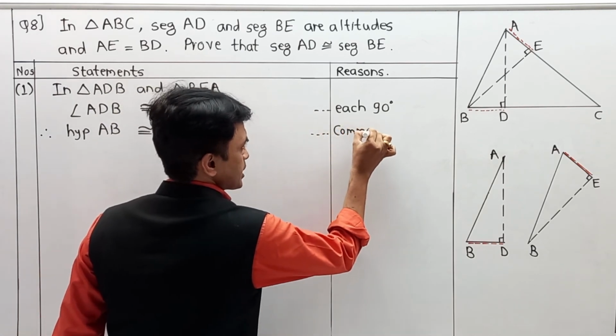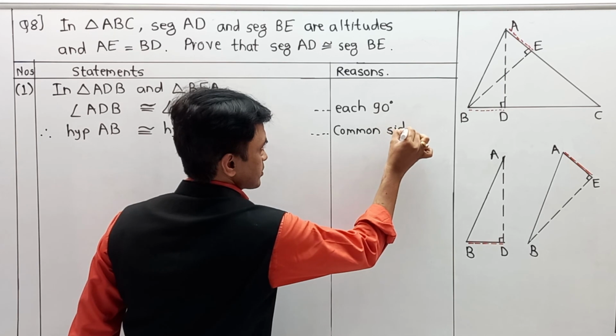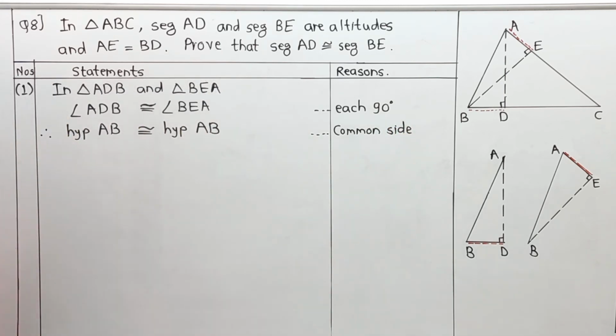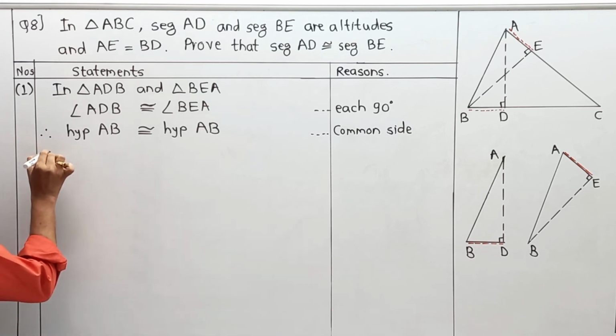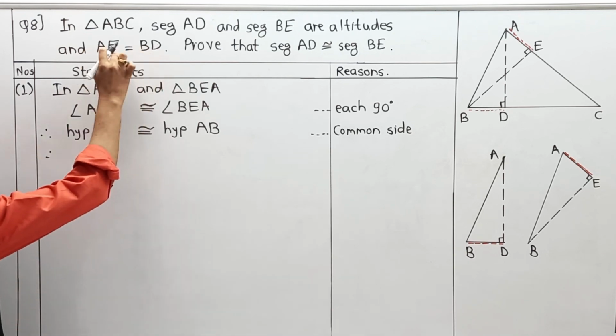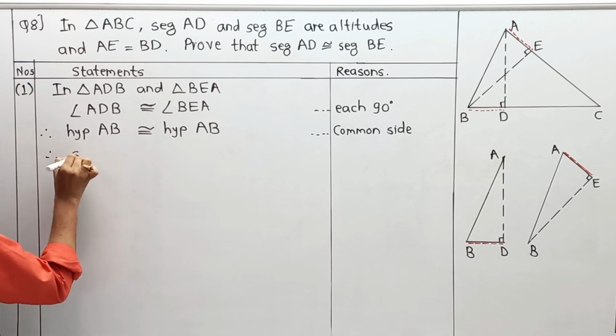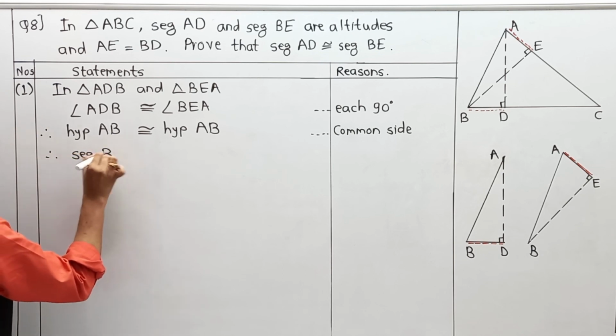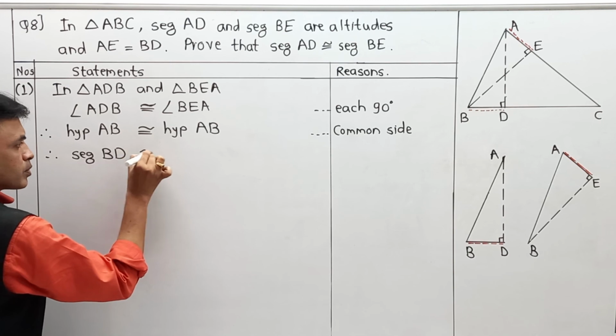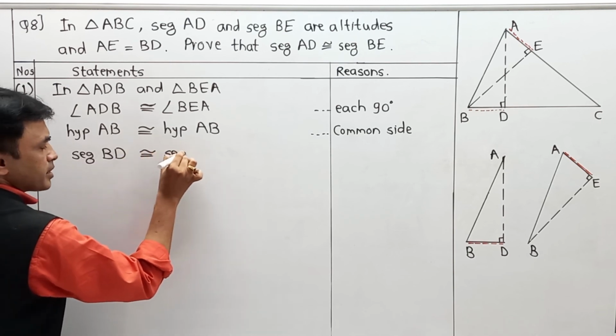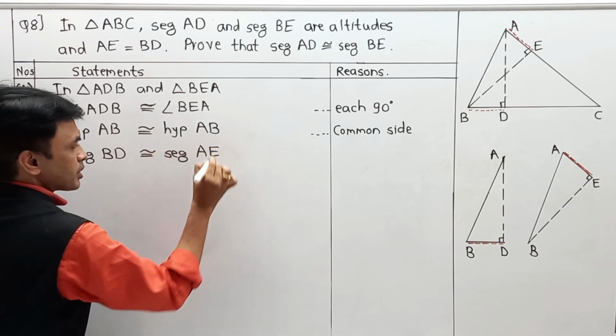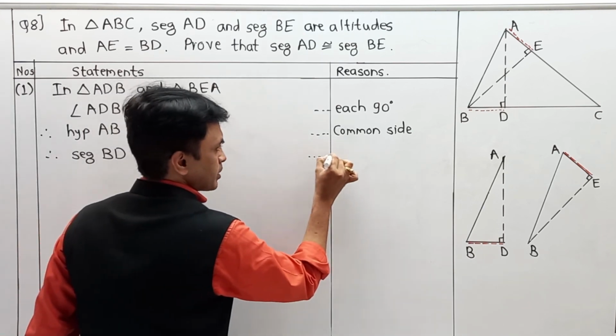And third, they have given segment BD congruent to segment AE. So segment BD is congruent to segment AE, reason given.